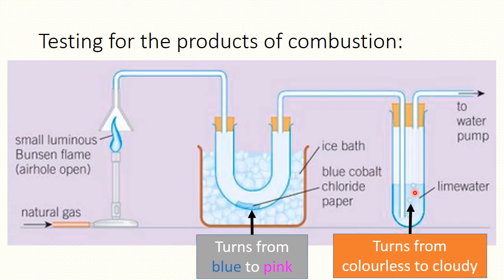It's going to go cloudy because a precipitate, a solid that doesn't dissolve in the water in that solution, is produced, which gives us this white milky kind of appearance. All of this is pulled through because we're going to have a pump which is going to suck air through, well, suck the products of this reaction all the way through this apparatus.